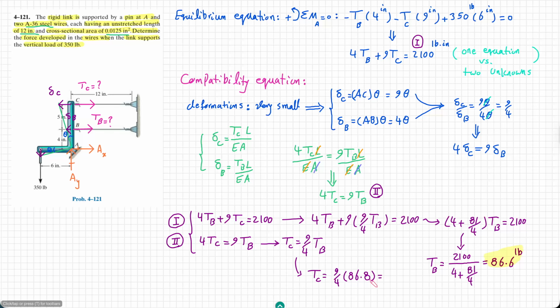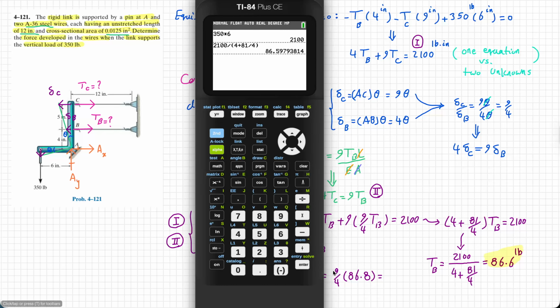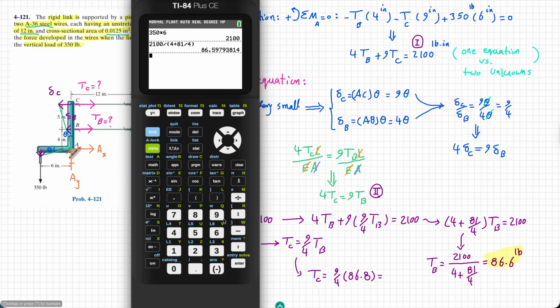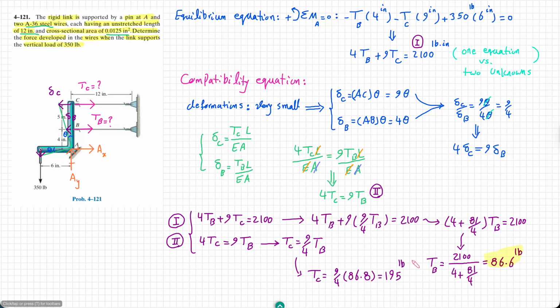If I again use the calculator, you see here 9 over 4 multiplied by this value. Again, to 3 significant digits, I think 195 should be a good approximation for this one. So it is the TC and it is the TB.